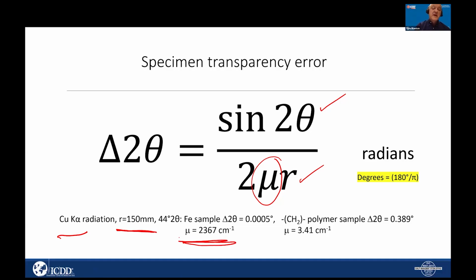For a polymer sample, such as polyethylene, the number is very small. So the shift in your peak position for iron is so small that in a powder diffractometer in your lab situation it is negligible. You really won't see a peak shift due to transparency. But in an organic, like a polymer sample, the shift is rather large, almost 4/10 of a degree 2 theta. And this can affect your ability to identify phases if your peaks are shifting around.